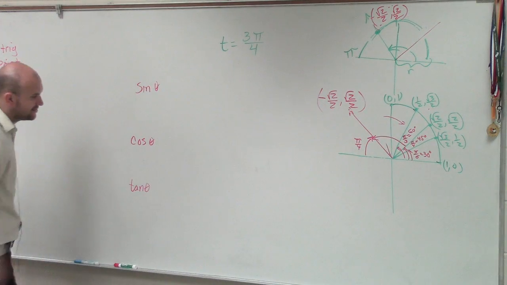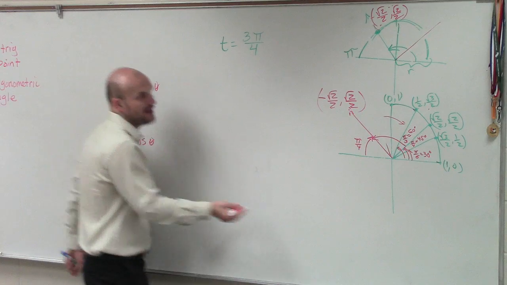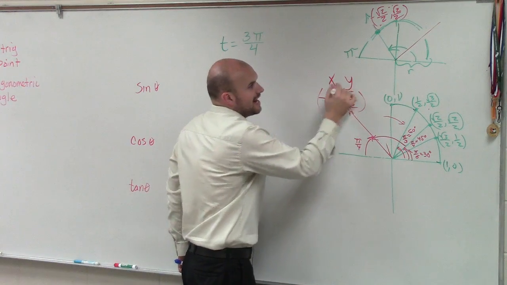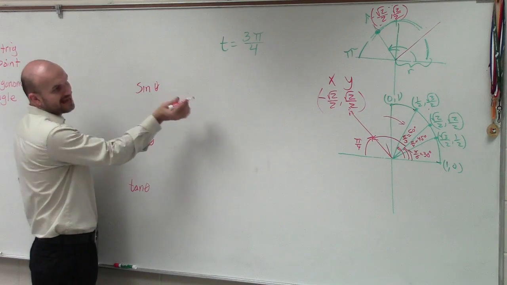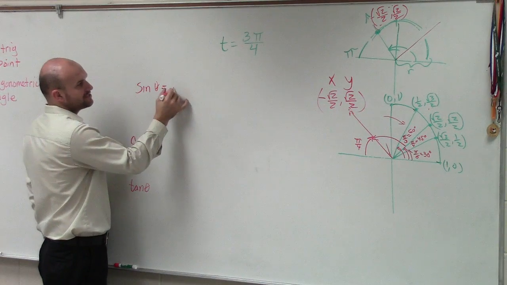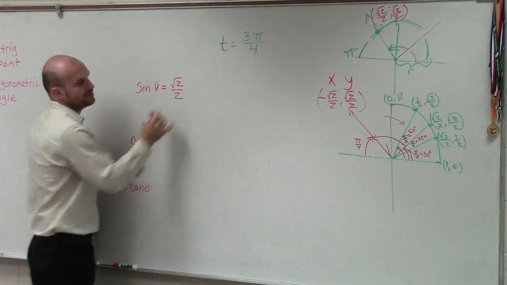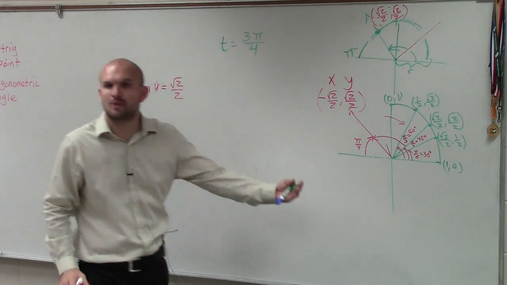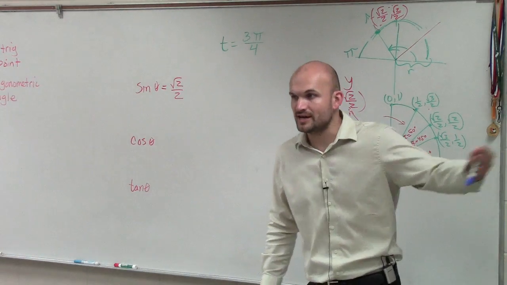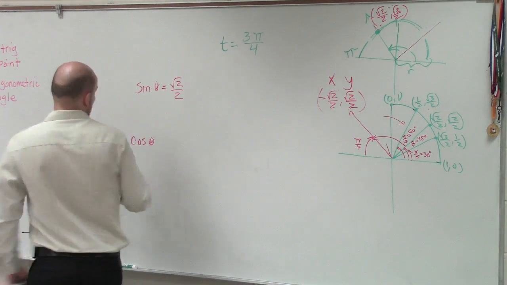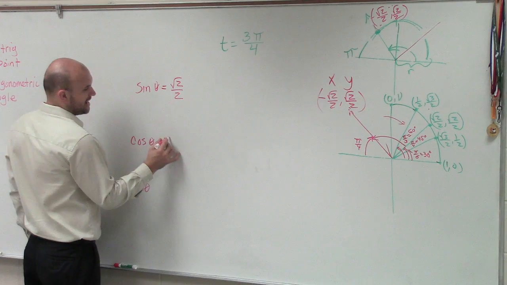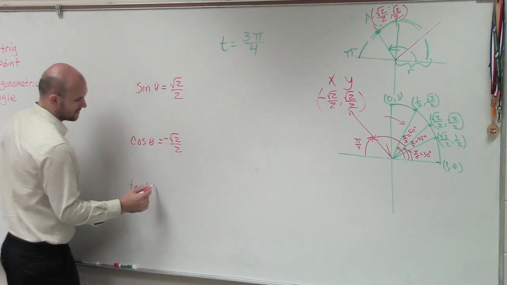So we need to determine sine, cosine, tangent. Here's a coordinate point, an x and a y. For the sine, what is the y coordinate? That is just going to be square root of 2 over 2, because sine represents the y coordinate. Cosine then represents, Miranda, what is the x coordinate? The x coordinate is just negative square root of 2 over 2.